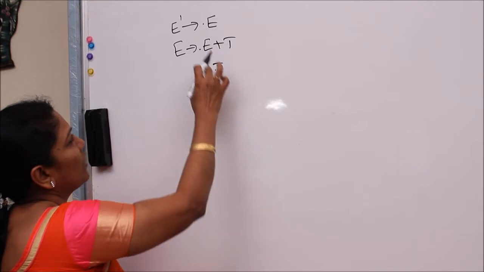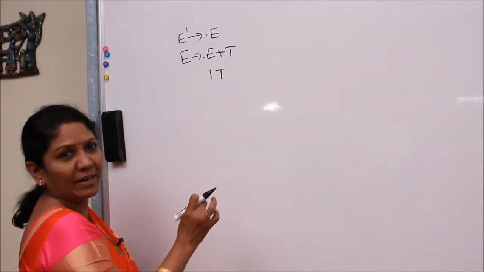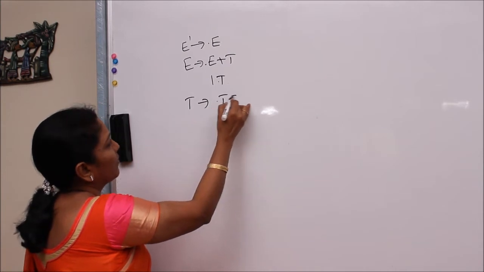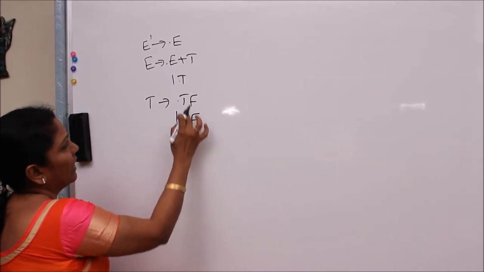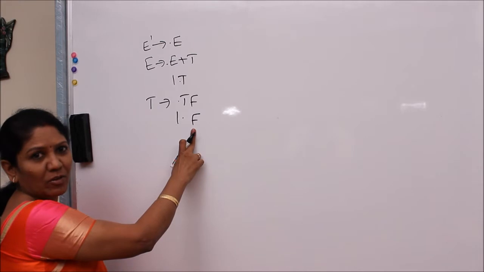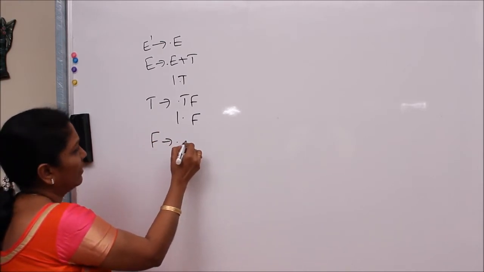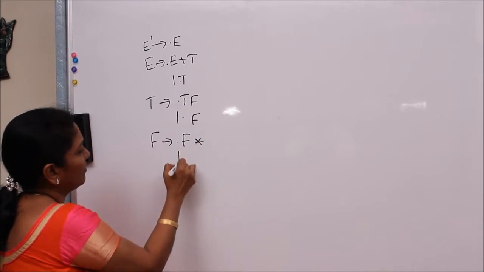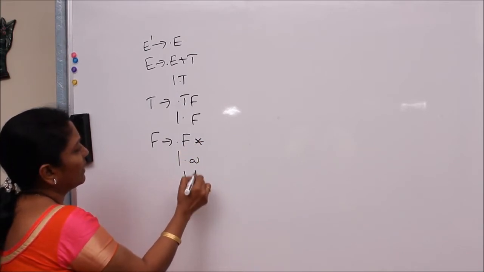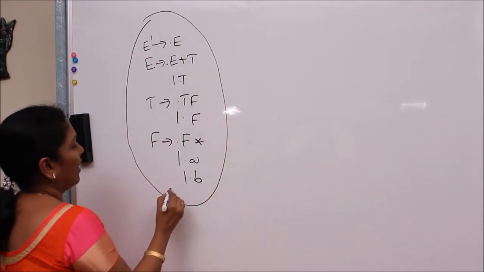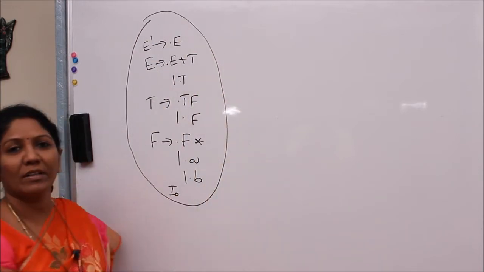For E we have already added. Now if you look at T, because of T, add productions with the dot at the beginning. And in the newly added items, you once again have a non-terminal F, so add the productions of F with the dot at the beginning, and this is I0.